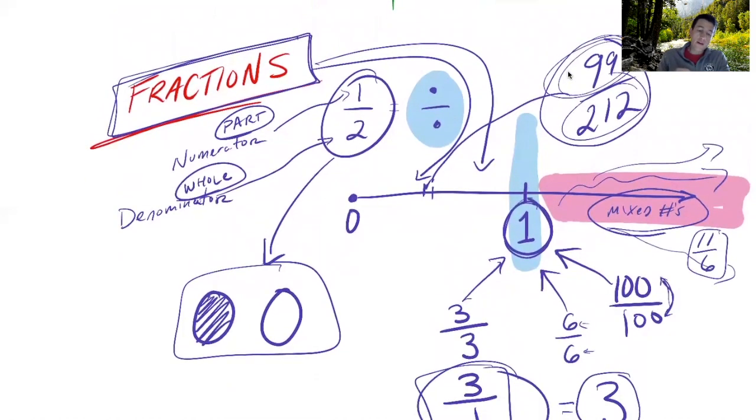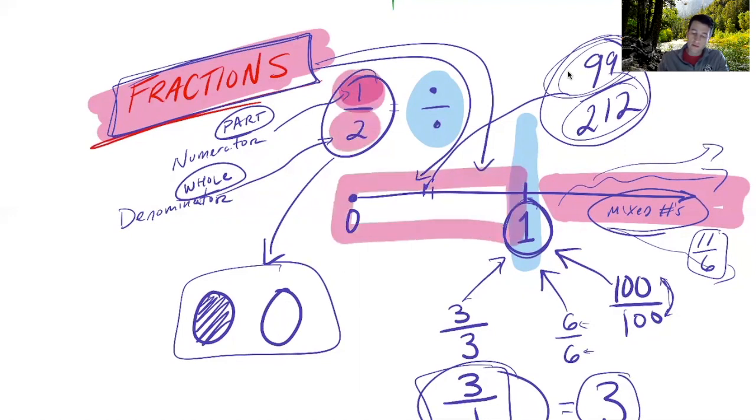To go back, remember proper fractions, where our numerator is smaller than our denominator, all live right here between 0 and 1. They're not less than 0. They can be very close to 0, and they're not bigger than 1 or actually equal to 1, but they can be very close to 1.